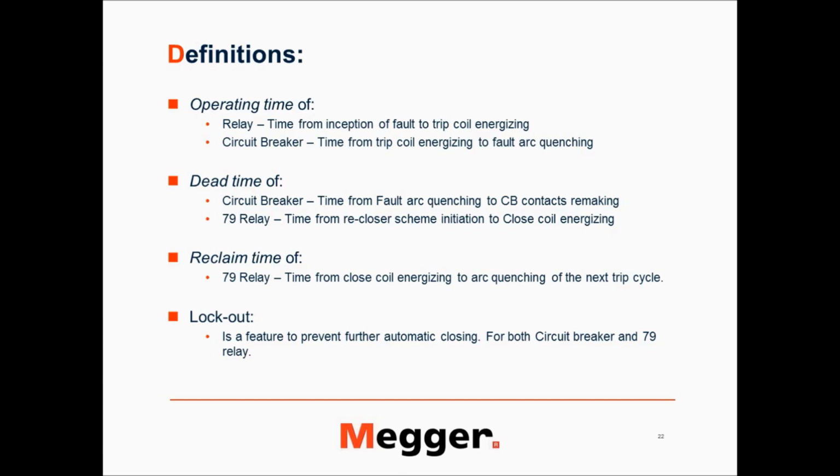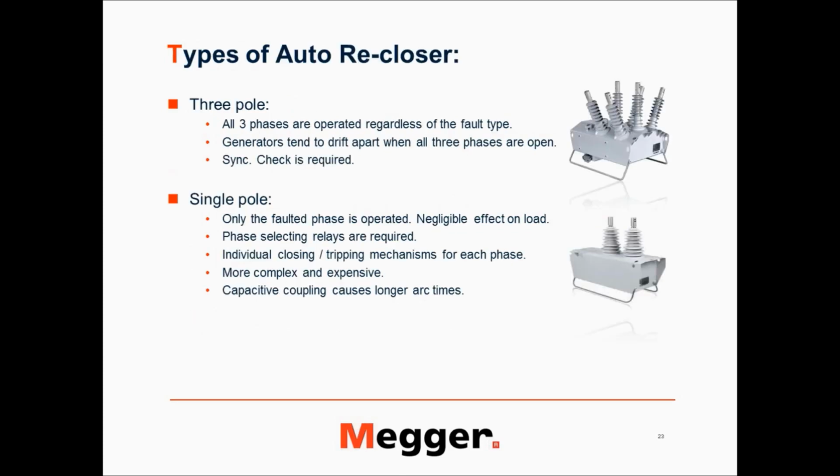I hope by this time you understood the basics of how the autoreclosure works. If you have any questions regarding that, just type them in, and we'll know if I still need to go back to the same slides and explain how it works.